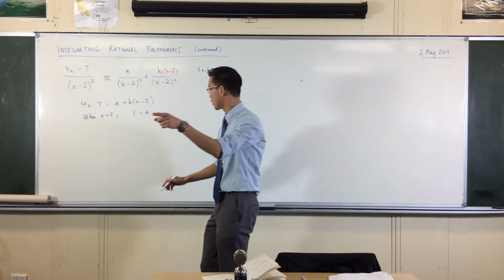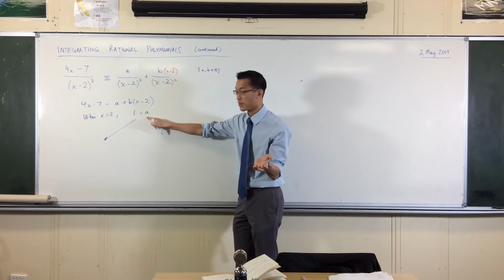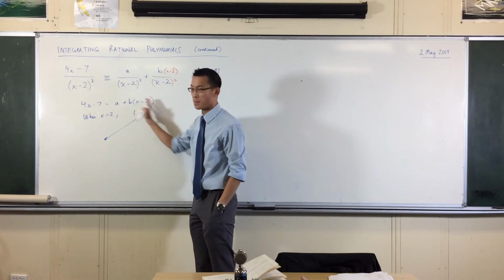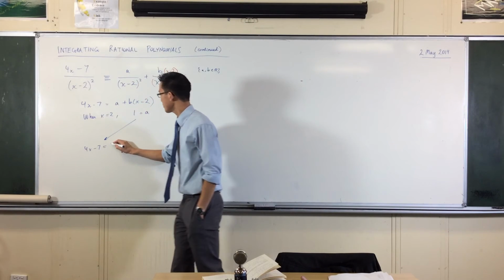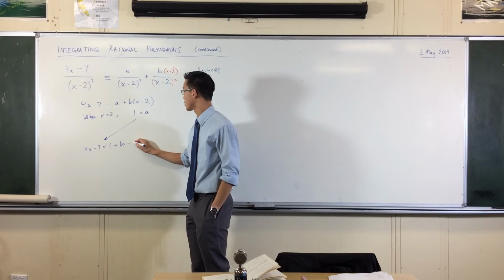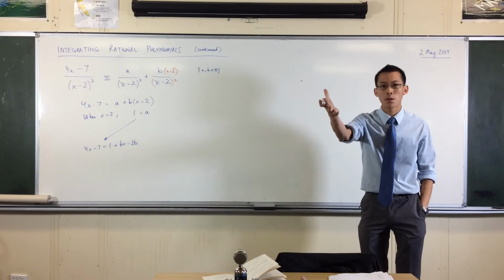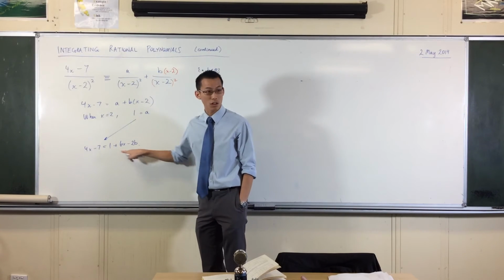The first way I could do it is to equate coefficients. I just take this value and stick it in here, but I need to expand everything out. I'll get 4x minus 7 equals 1 plus bx minus 2b. We're after coefficients here, so I don't really need to worry about these, because they're the constants.